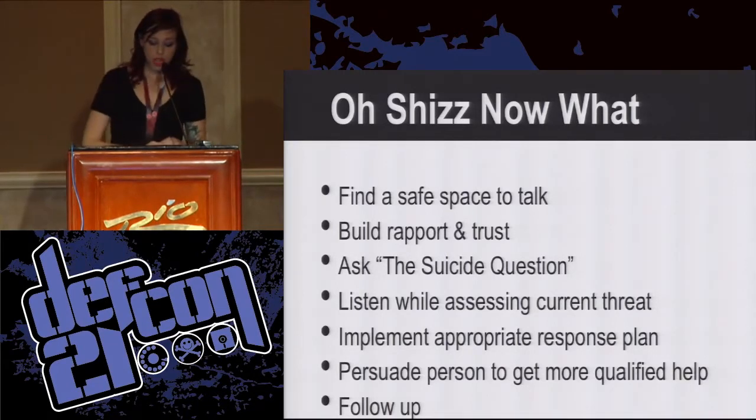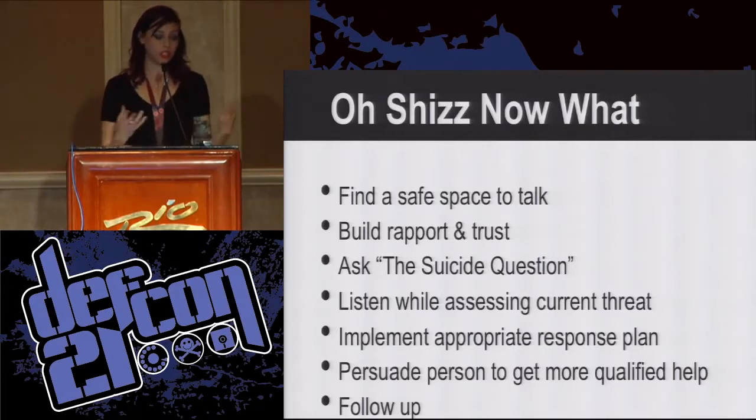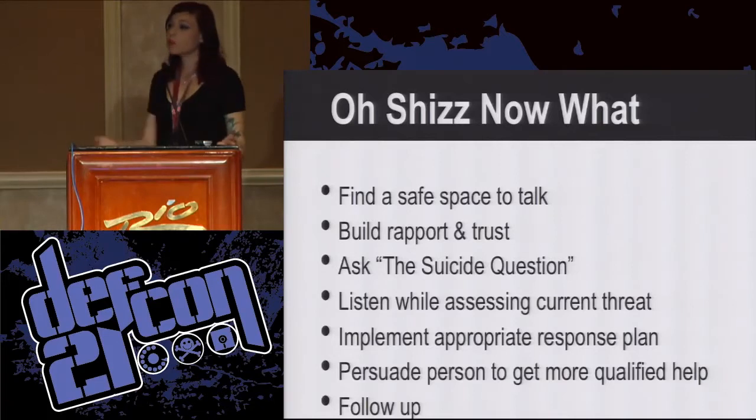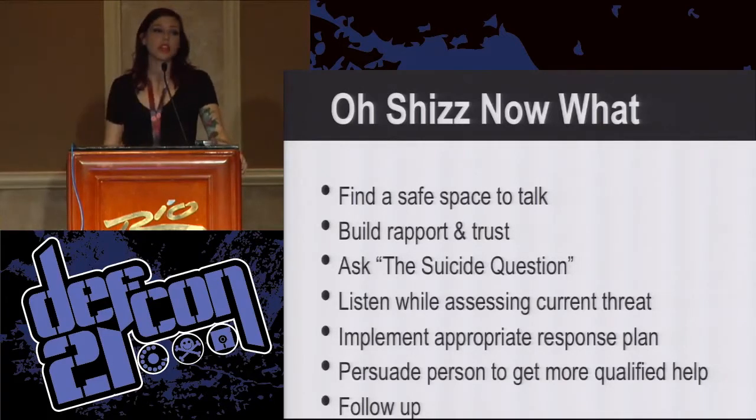So once you ask the question or you're talking to them, you just shut up and listen for a little bit. While you're listening, you're assessing the threat level of their current situation based on a framework that we'll present in a second. And you're doing active listening.